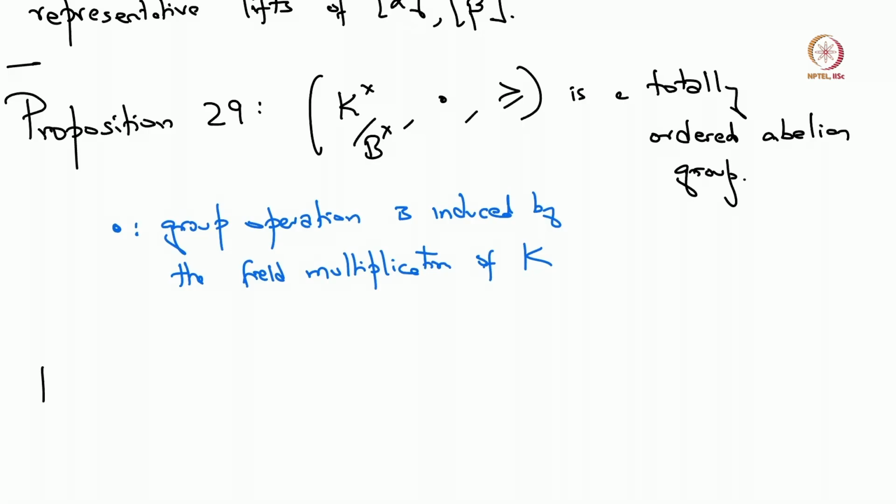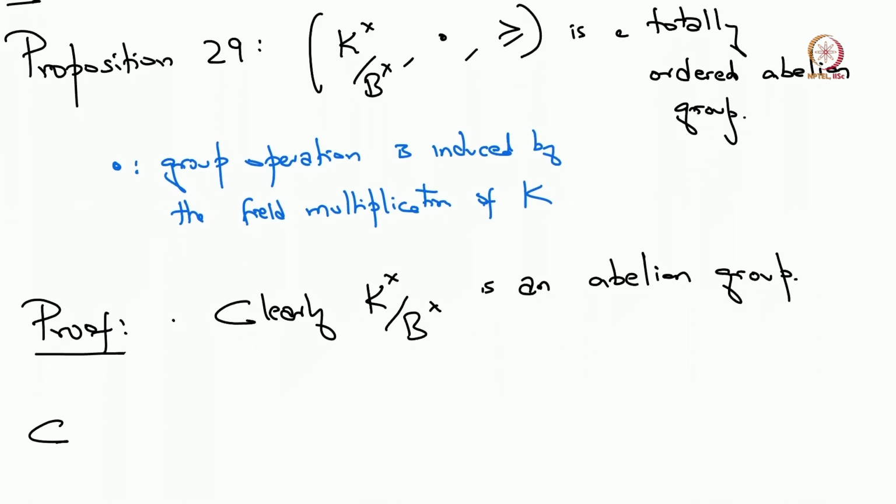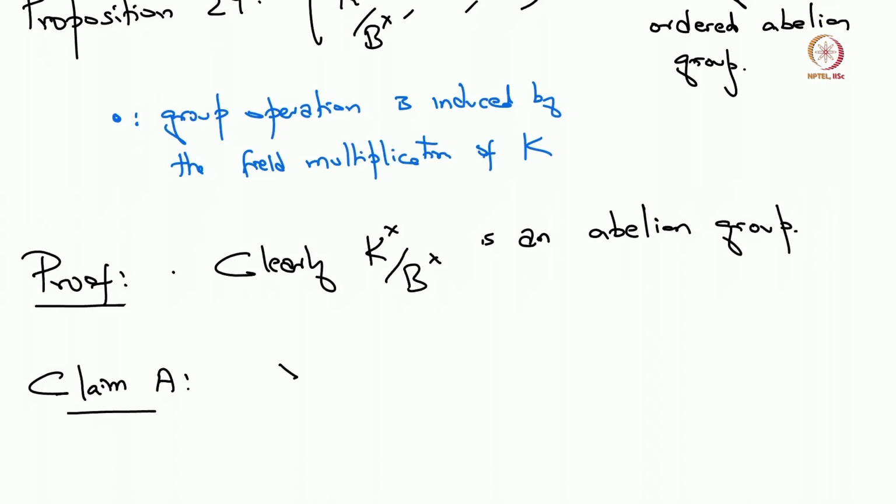Okay, so proof. Well, clearly K cross is an abelian group, so this quotient is an abelian group. Now I have to check that the symbol greater than or equal to defines the total order. That's our first claim: that greater than or equal to defines a total order on K cross mod B cross.